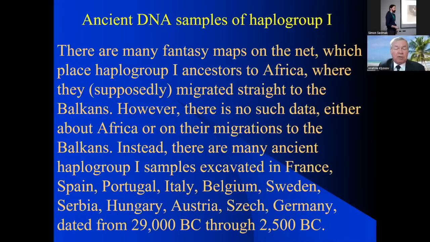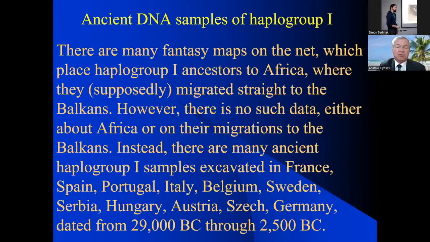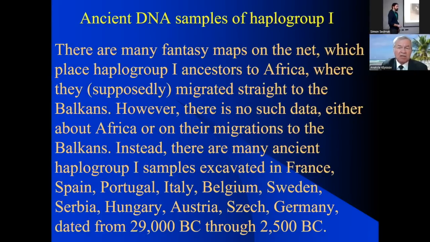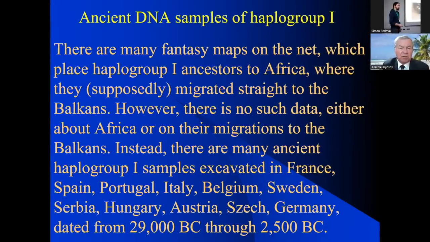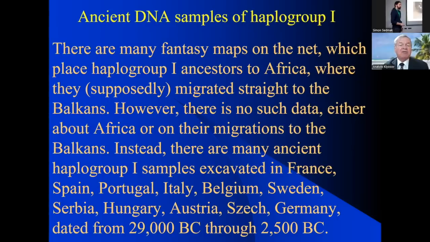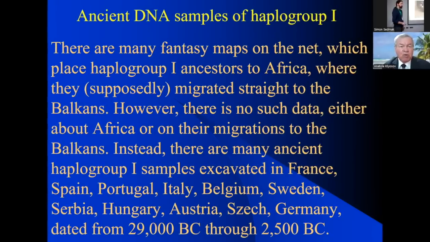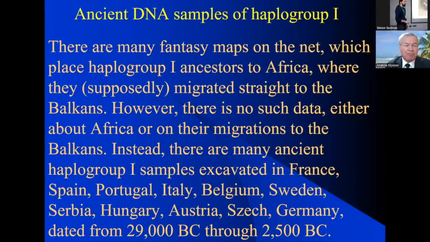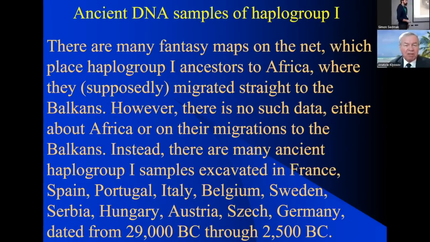Now, if we talk about haplogroup I, which is an ancestor to I2, ancestor to I2A, and ancestor to Y3120. There are many fantasy maps on the net, which place haplogroup I ancestor in Africa, where they suppose they migrated straight to the Balkans.